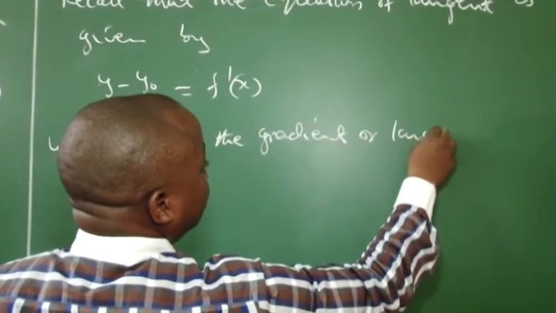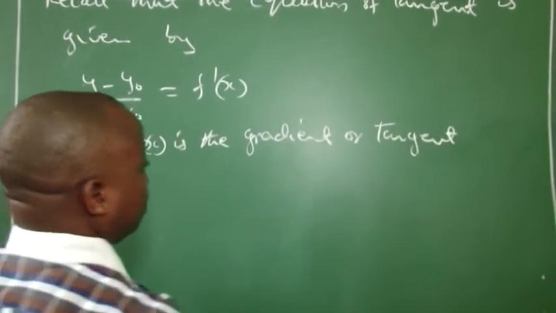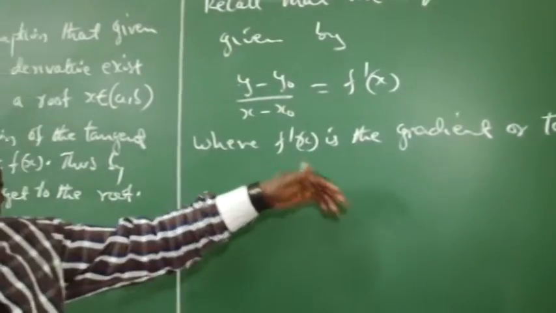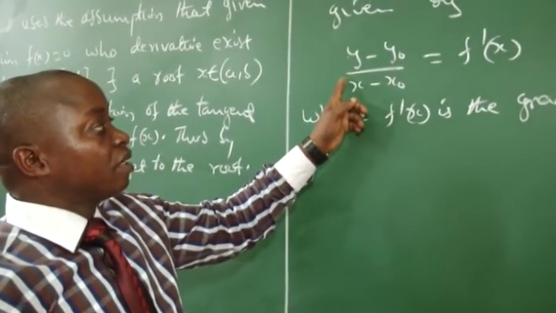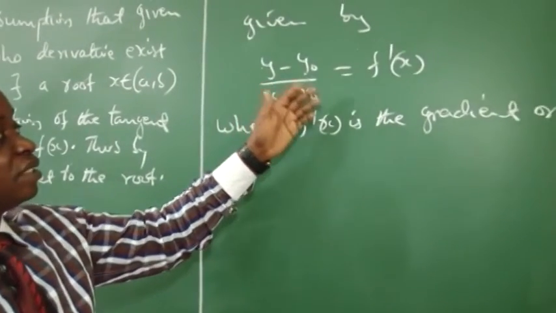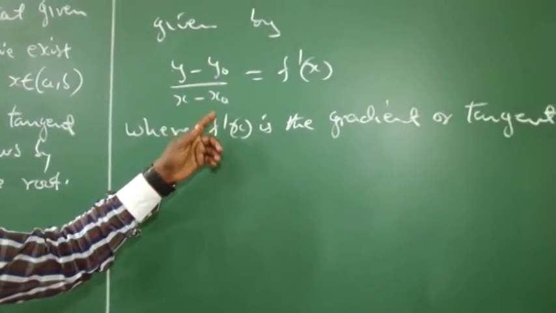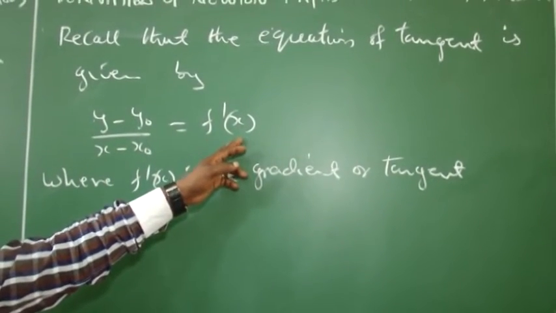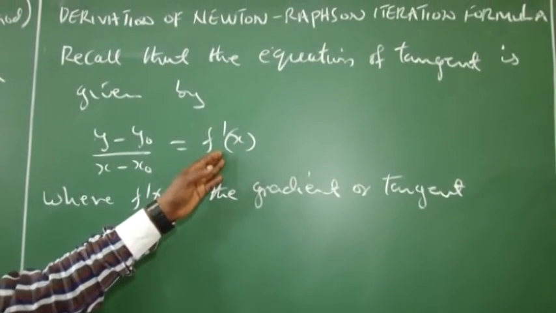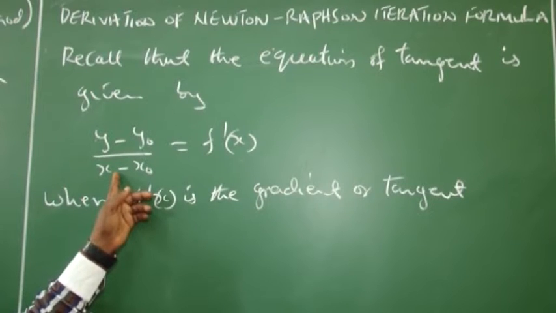The gradient is also the tangent or slope. This is the equation of a line in one-point form. This is the gradient. If you cross multiply, the gradient, which is f prime of x, will multiply this.